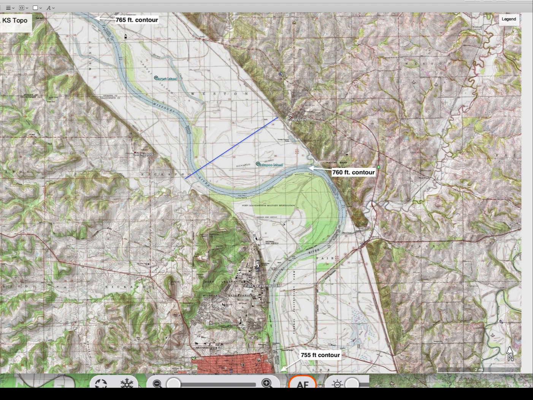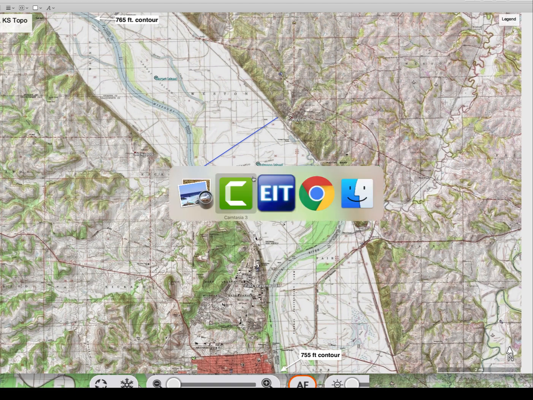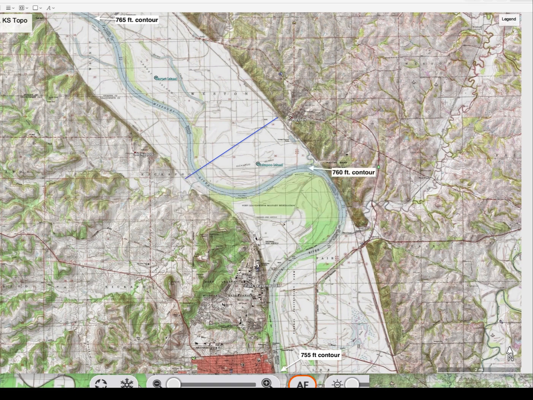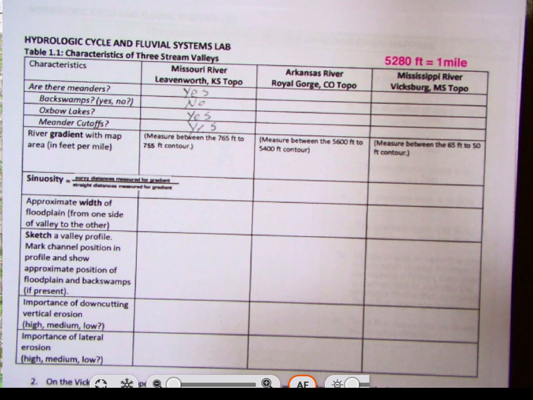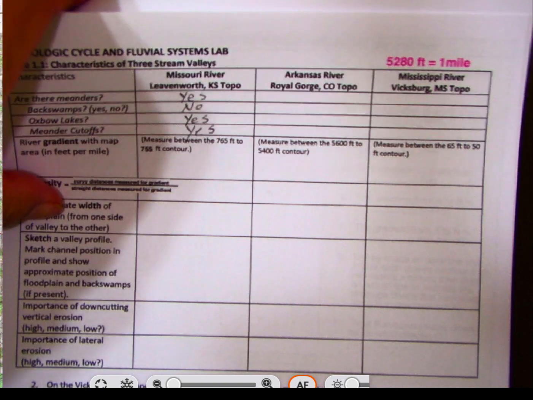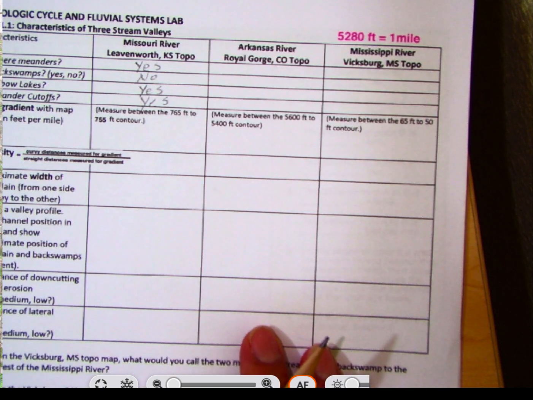Using my string for measuring along this distance, I get about 14 miles, 14.2 miles. Again, all I did was place my string along the path of the river, and I got 14.2 miles.